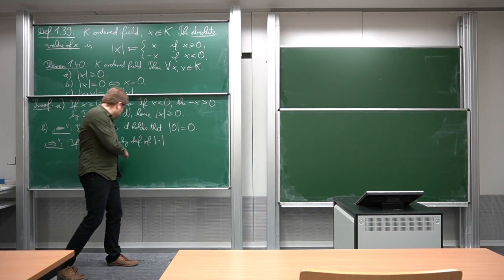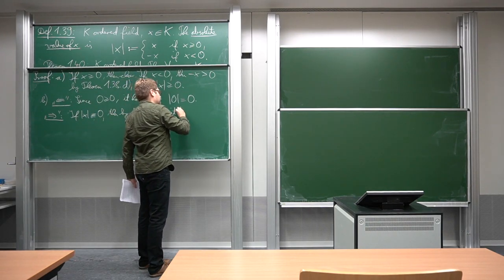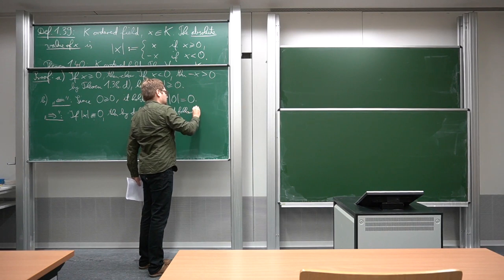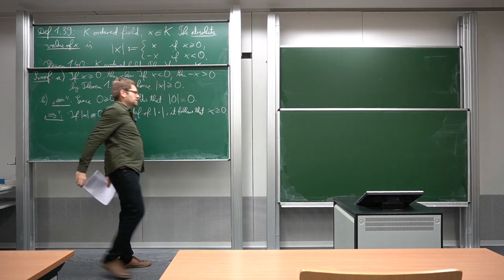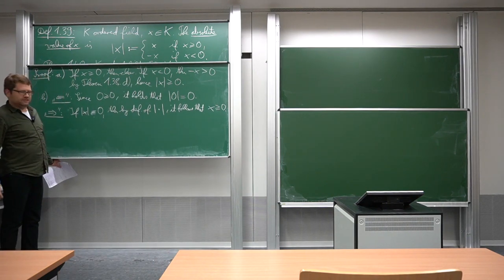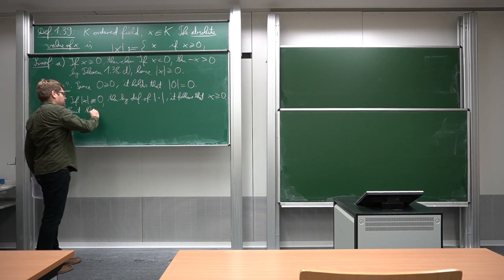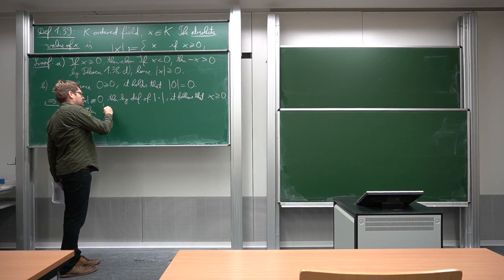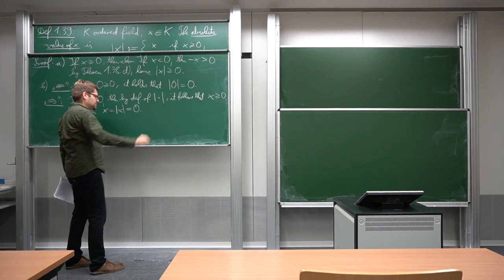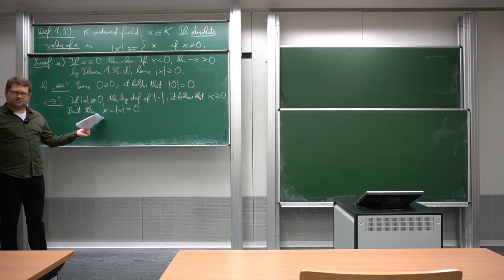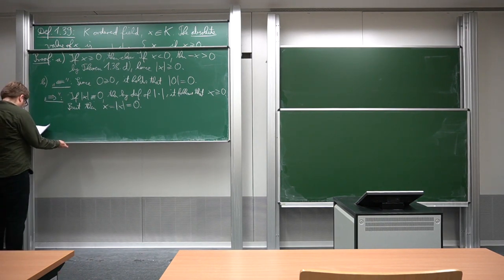So if the value is 0, then we immediately derive that x is bigger than or equal to 0. But then we know that the absolute value leaves the number unchanged. So we know that x is already equal to the absolute value of x, equal to 0. So x already is itself 0.